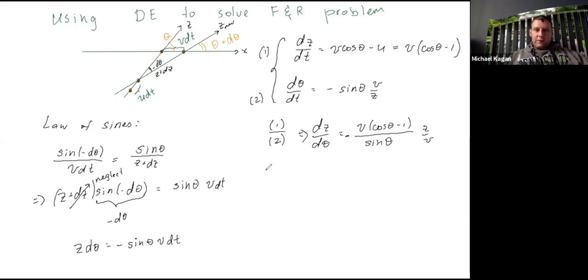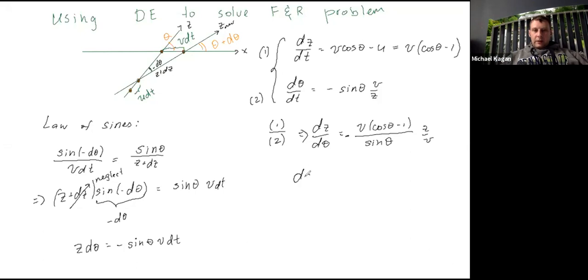Are you folks familiar with separation of variables? Those of you who were with me in the spring, I believe we discussed the rocket equation, didn't we? Yeah, this is also done by separation of variables. The idea is to rearrange the terms in the equation in a way that you have the left-hand side dependent only on one variable and the right-hand side dependent only on the other variable. And the two variables here are z and theta. So it's clear that you can divide everything by z and multiply by d theta.